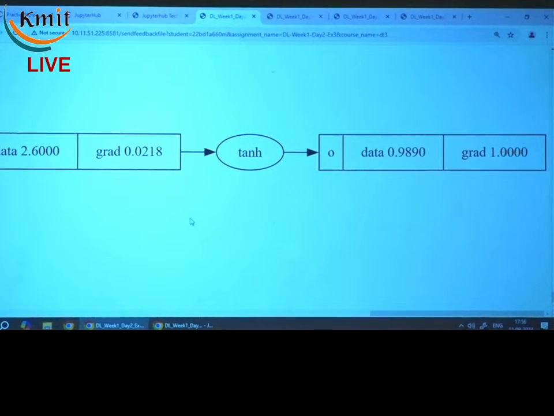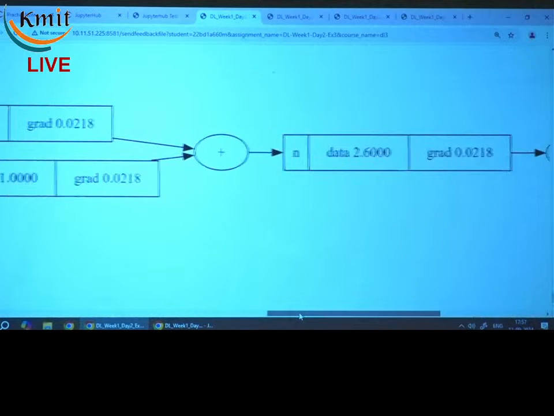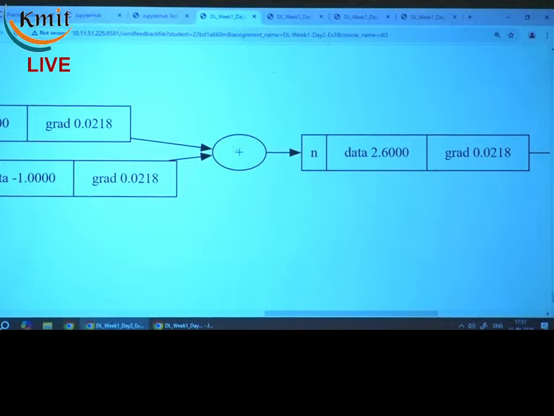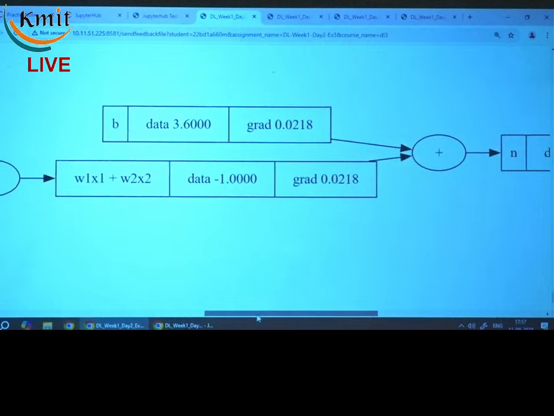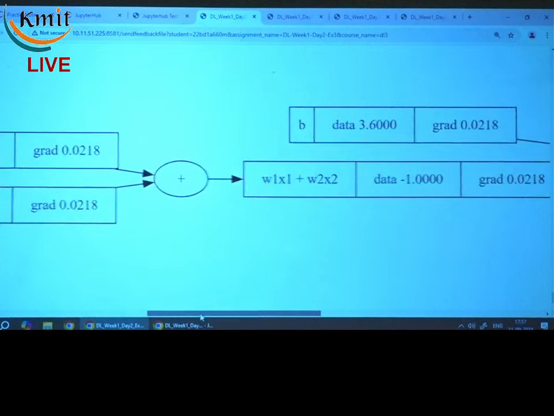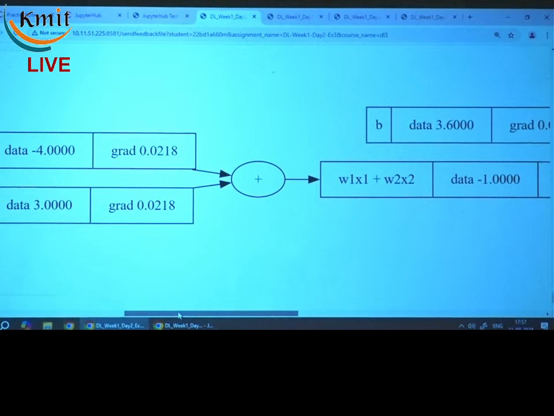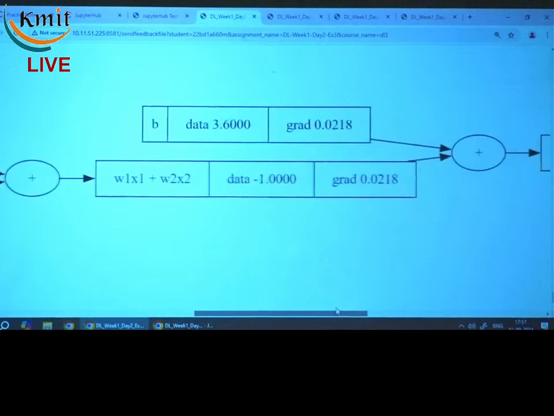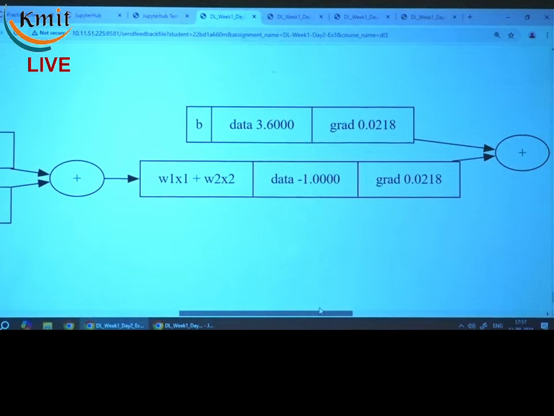The only smart thing to do is this tanh. After that, because of the plus sign, whatever gradient is here flows back. Plus sign doesn't change the gradient. If c is equal to a plus b, dc by da is 1, so the same gradient goes. dc by db is also 1, so the same gradient goes.